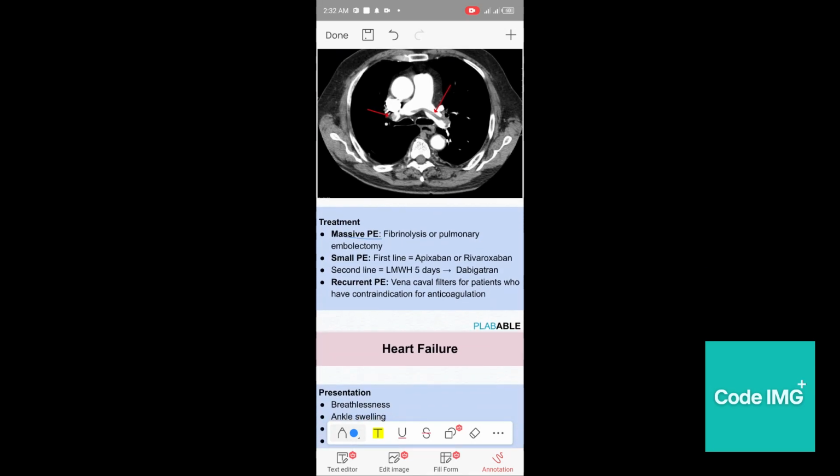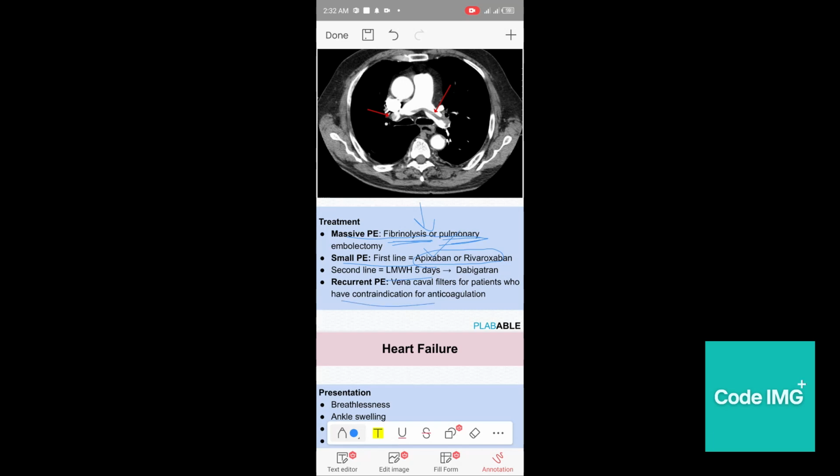So if it's a massive PE, like the patient is now becoming hypotensive, it's a massive PE, always go for thrombolysis or pulmonary embolectomy. If it's a small PE, you need to go for apixaban or rivaroxaban, that is DOACs. Or you can go for low molecular weight heparin, but now you need to go for DOACs, that's if it's a small PE.